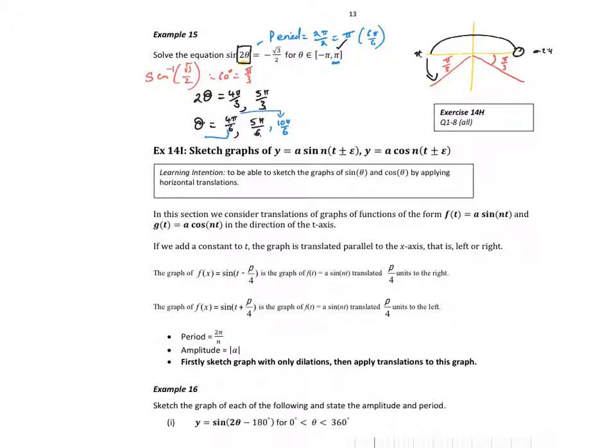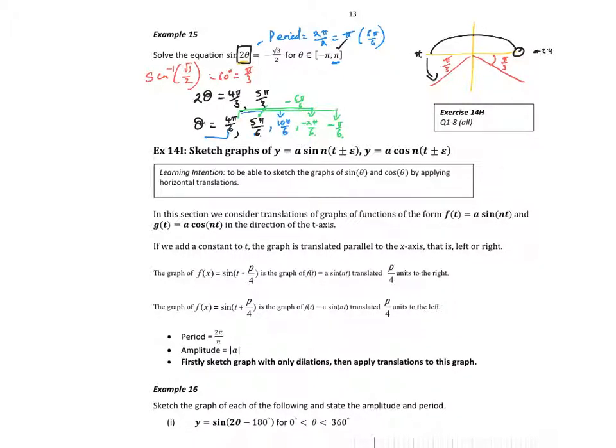We'll go this way still, but let's subtract. 4 pi minus 6 pi on 6 is negative 2 pi on 6. 5 pi subtract 6 pi is negative pi on 6.